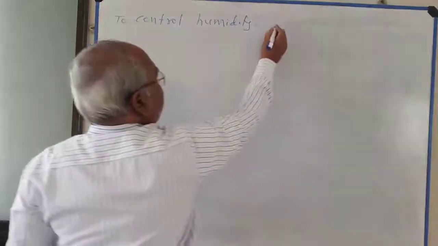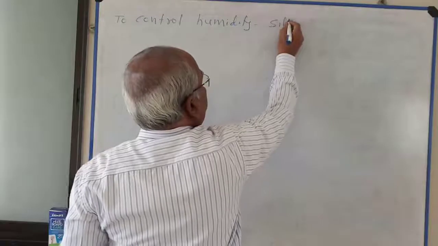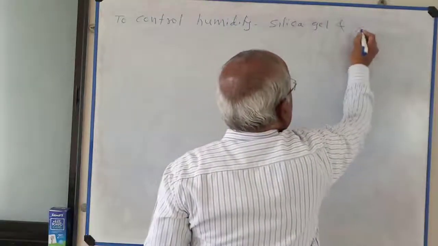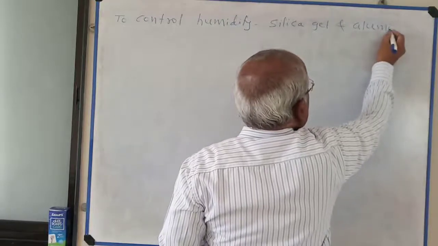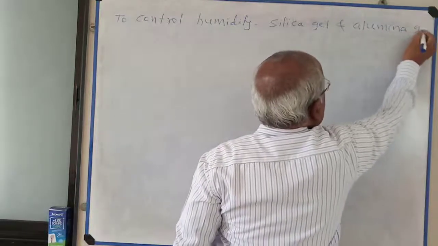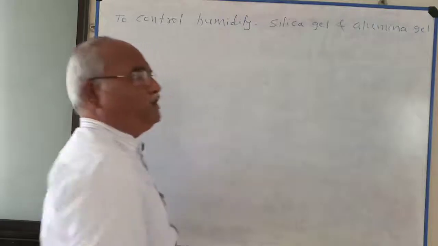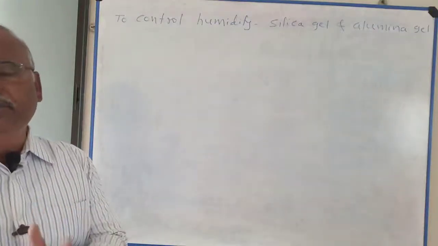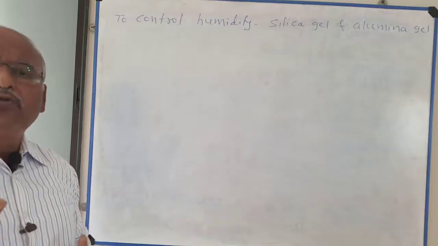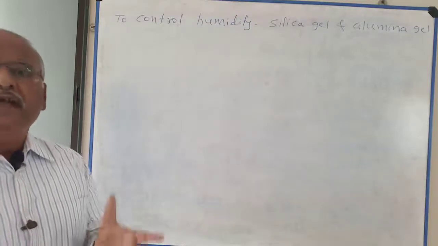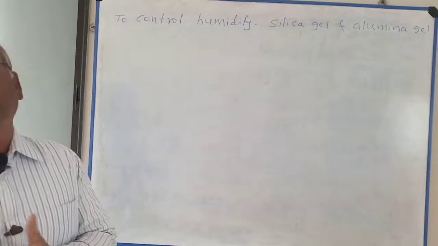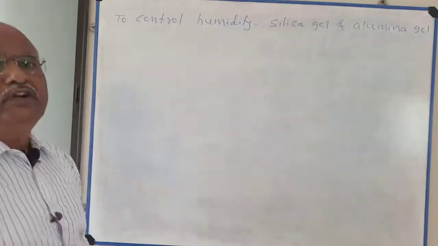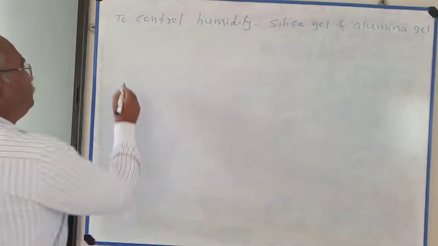Silica gel and alumina gel are used to control humidity. They are good adsorbents. They absorb moisture from the air. So to control humidity, adsorption technique is used.